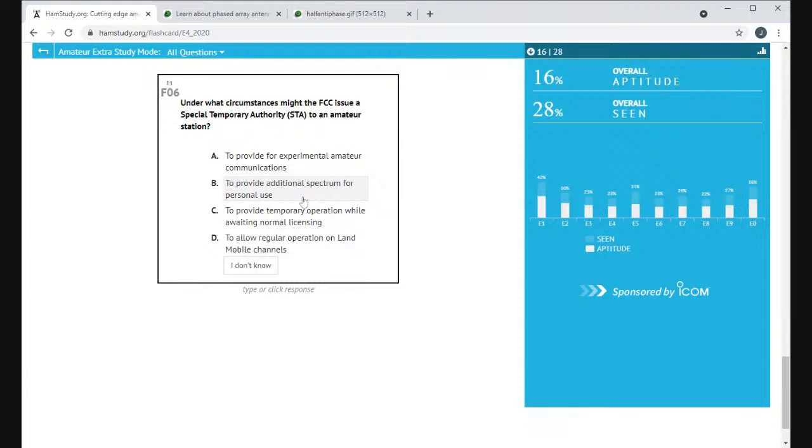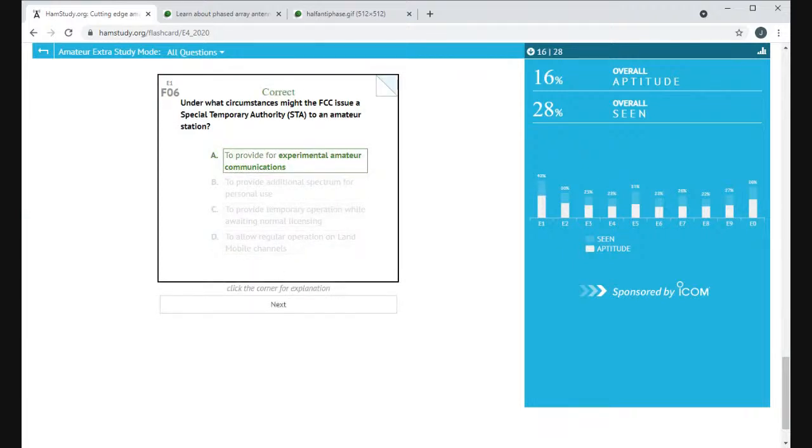B, I don't think they really care about personal use. C, I don't think they really care about speeding things up for just normal licensing. D, allow regular operation, that sort of goes against special authority. So I'm going to go with A, to provide for experimental amateur communication. And that is correct.